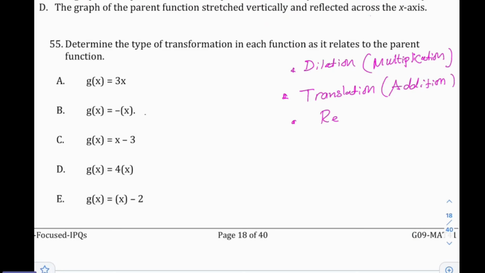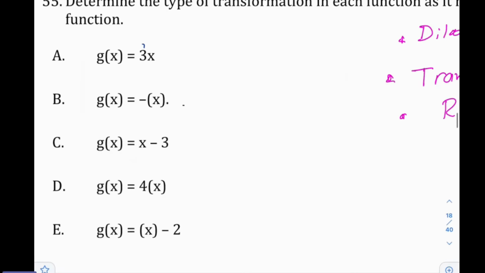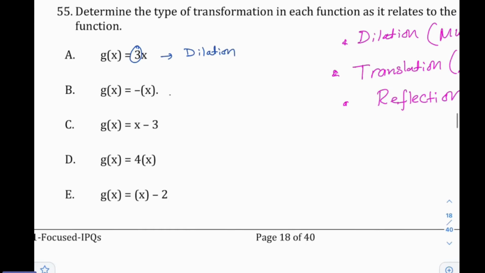And we have reflection, and reflection comes from multiplying by a negative outside. Okay, so let's check one by one. First one, multiplication, so this is dilation. Dilation includes, by the way, stretching or compressing. So this one is a vertical stretch. This one, there is a minus, so it's reflection, and this reflection will be across the x-axis because the minus is outside.